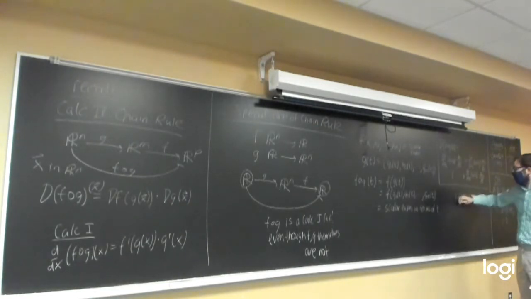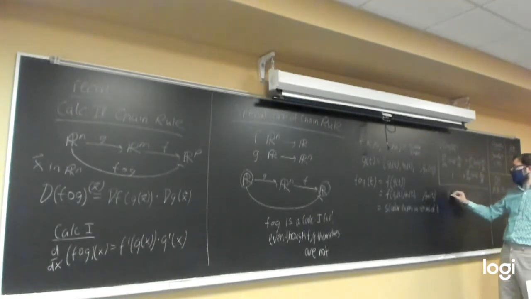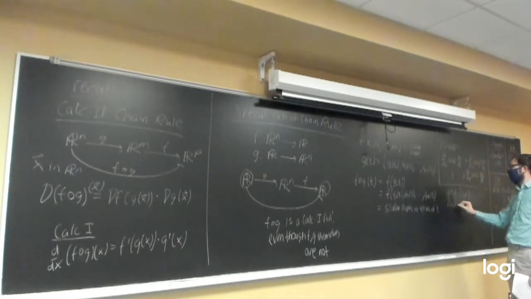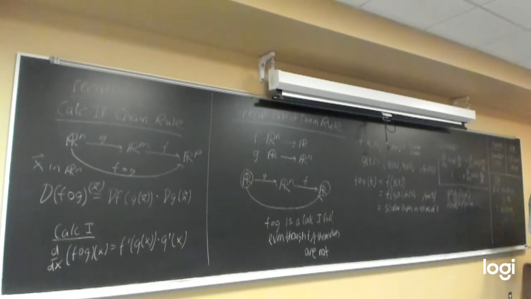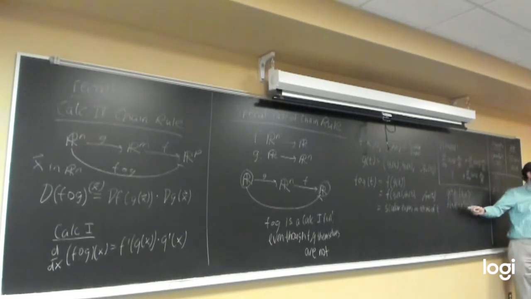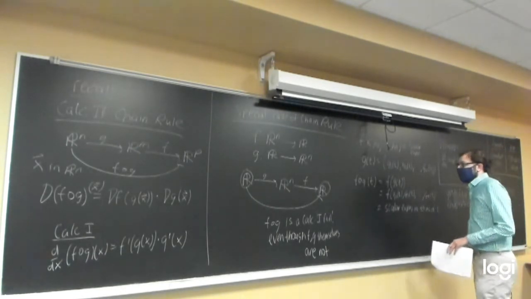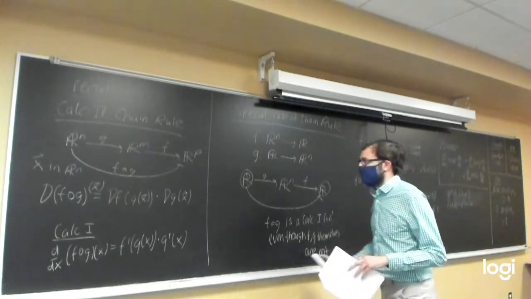So if, for instance, we were to have something like g of t equals, I don't know, t comma t cubed, and f of x comma y is x squared y minus 2x. If we were to take the composition of these two functions, both of which are Calc 3 functions, the composition needs more space. I'm going to erase this.